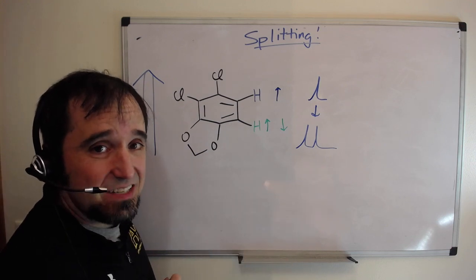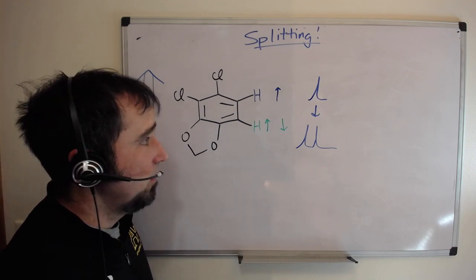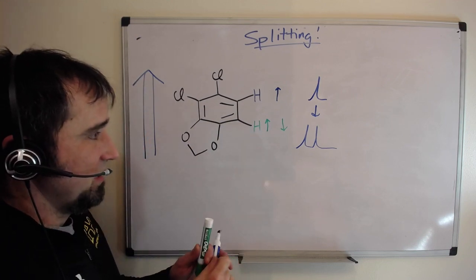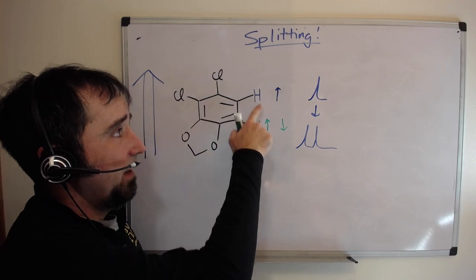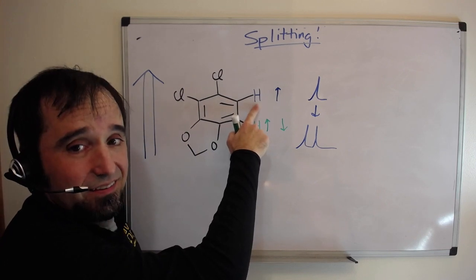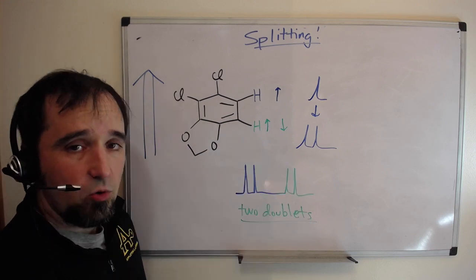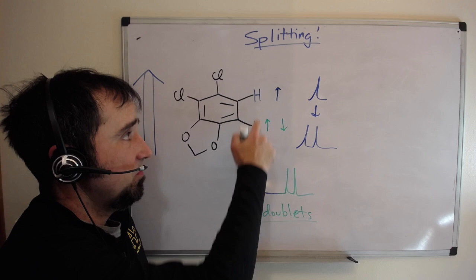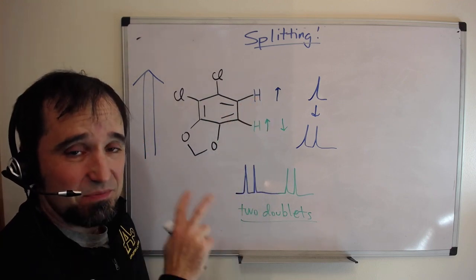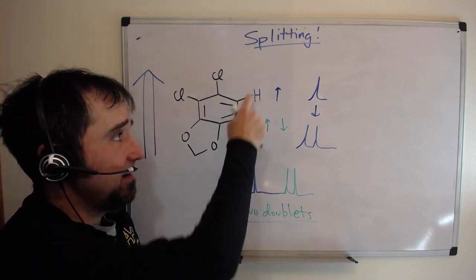And that's called splitting. Now, you might say, what about this proton? Well, this proton, just like this proton is affected by this proton, by the same way that that's affected by that. So we're going to call this pair of peaks a doublet. And so each of these protons, we would say, is split by its neighbor.